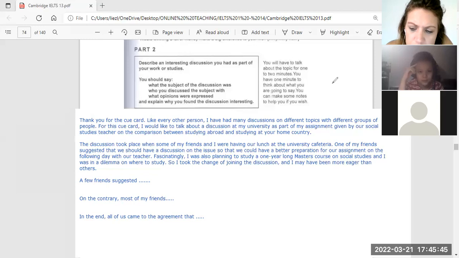For this cue card, I would like to talk about a discussion of planting trees given by our teachers, on the comparison between some flowers.